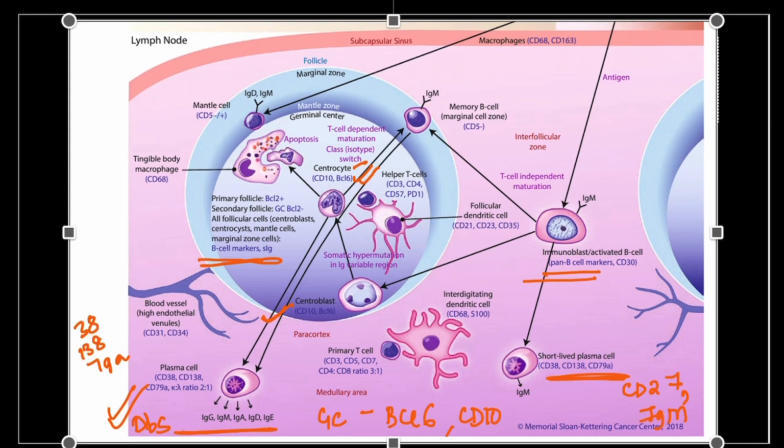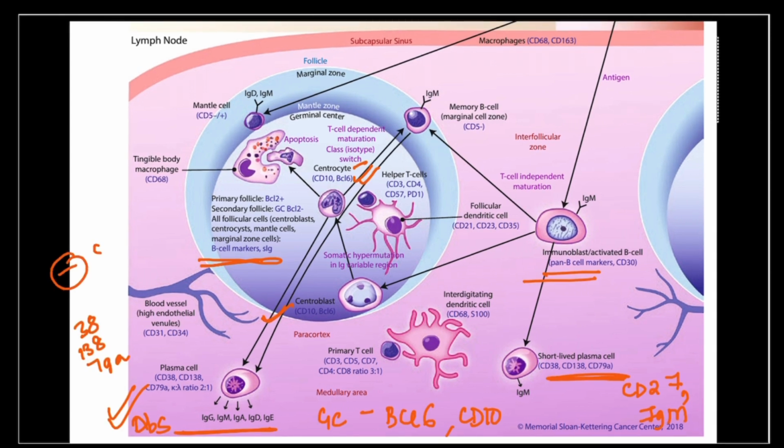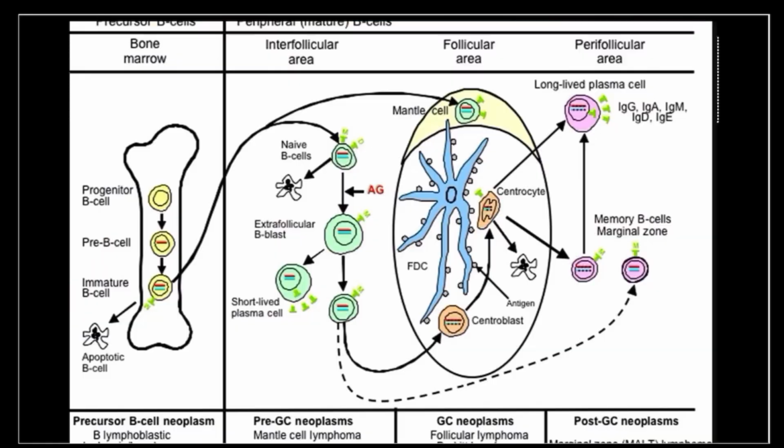From this, we can now understand what lymphomas arise from what cells or what areas of the lymph node. Now the plasma cell, as we talked about, is negative for CD19 and negative for surface immunoglobulin. Why? Because it itself is going to produce antibodies, so why would it show immunoglobulins on its surface?